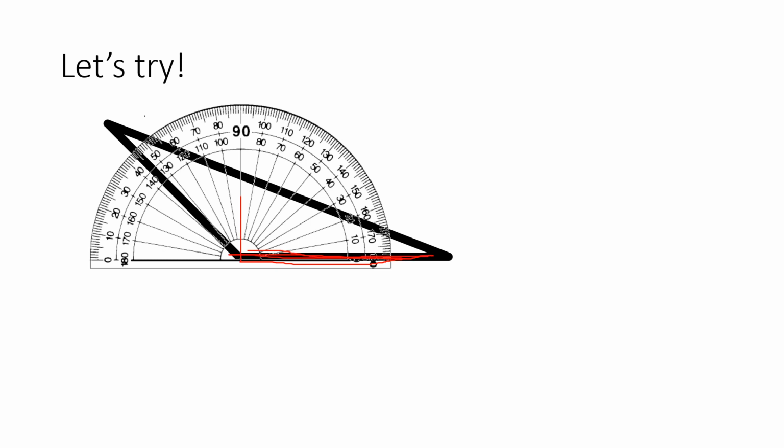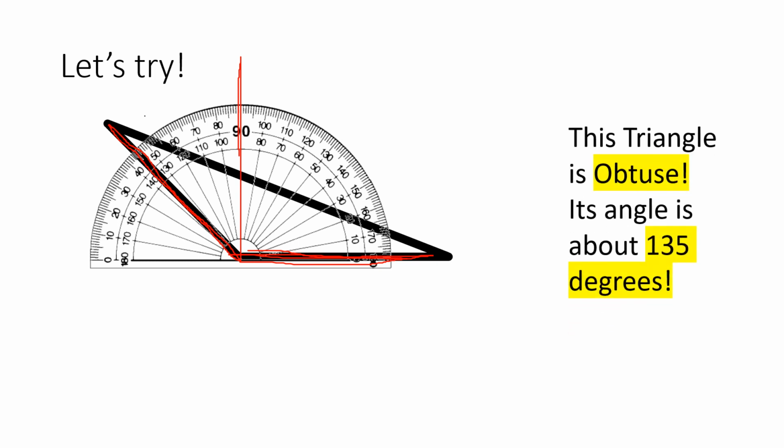As you can tell, here is where a 90-degree angle would be, and we're going to measure it from this angle. So we're just going to go out like this, and we have about a 135-degree angle here, which shows us that this is an obtuse triangle because it has an angle greater than 90.